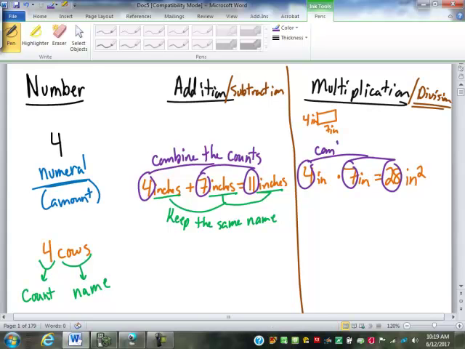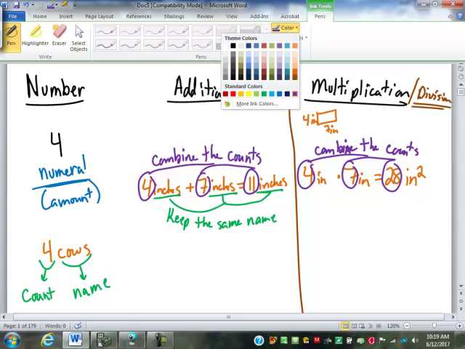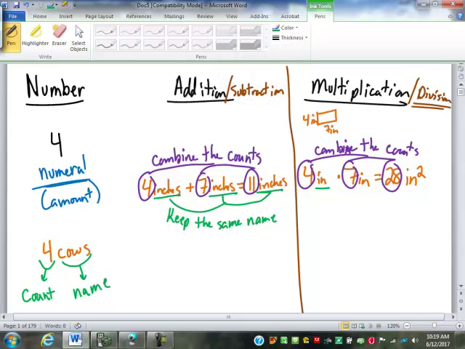So I still combine the counts. The difference here is the names. I had inches and inches, and I ended up with inches squared, or square inches. When I multiply numbers, I also combine the names.